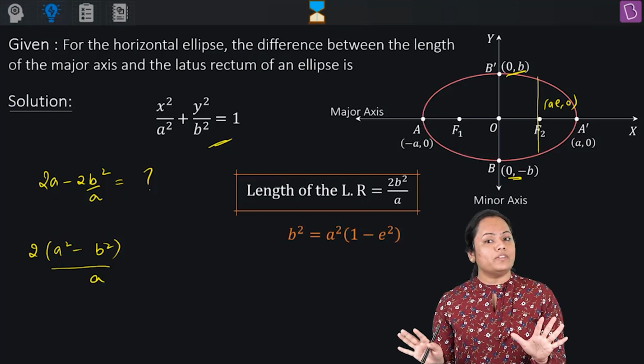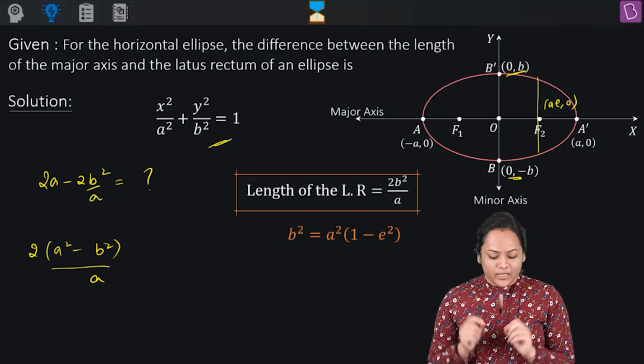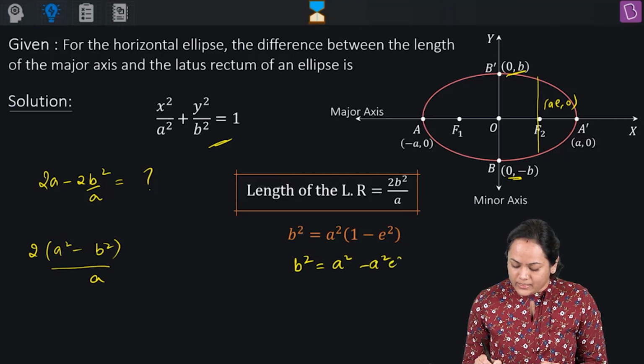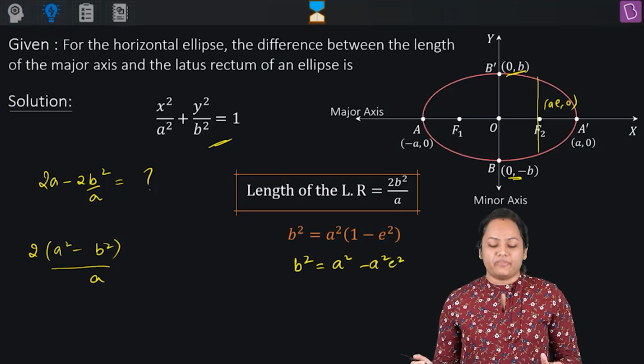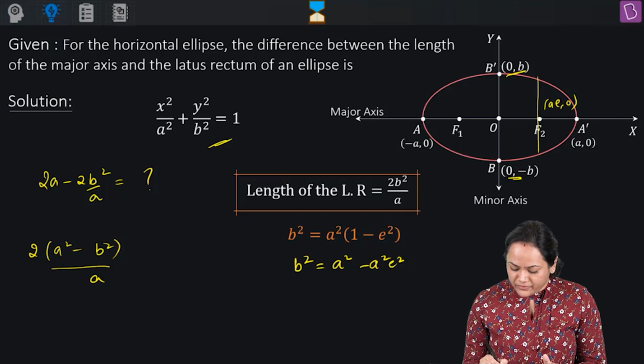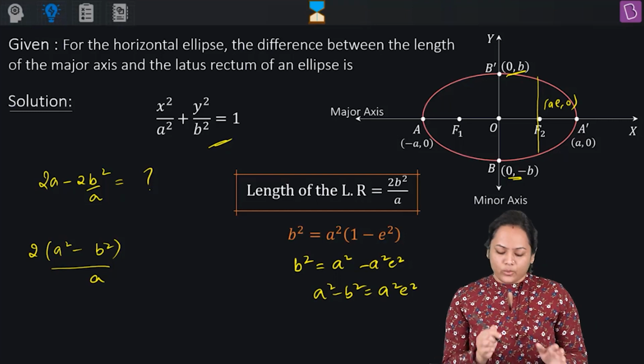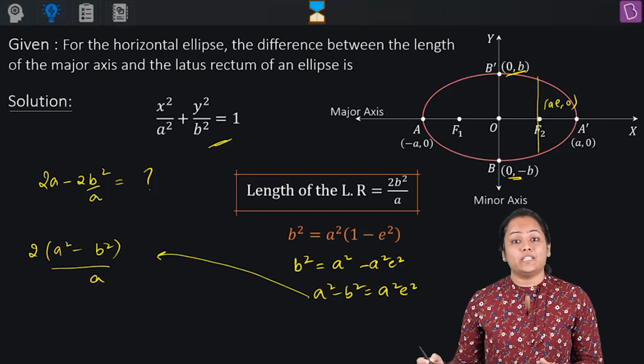This you are very well versed with. So from here we can say that b square is equal to a square minus a square e square, right? This is what I have told you. And from here we can further say that a square minus b square is nothing but a square e square, isn't it?